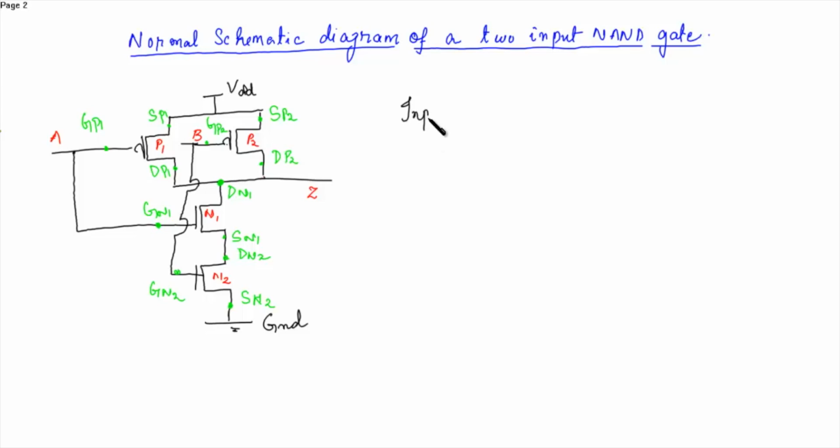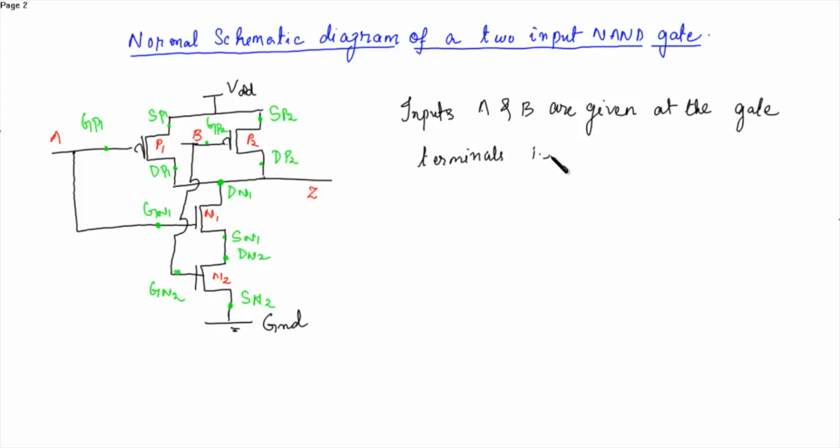The inputs A and B are given at the gate terminals, that is gate of P1, gate of N1, and gate of P2, gate of N2.